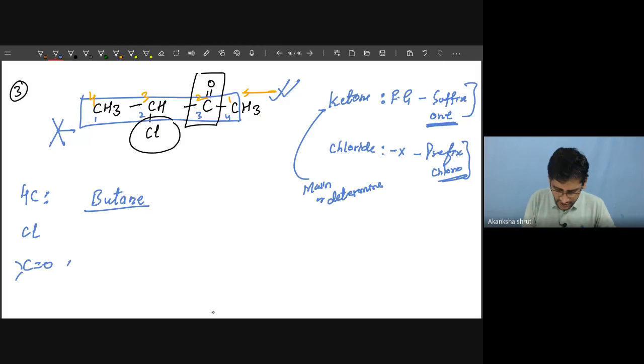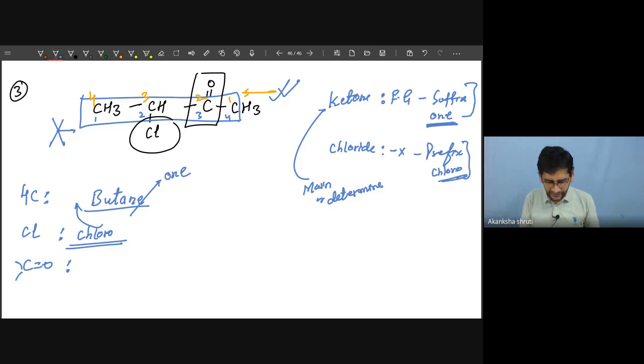So this ketone tells us something to be added as the suffix. For that the E should be replaced by ONE, and the chlorine tells that chloro should be added as prefix, but the position of this prefix needs to be specified. Even for this ketone, the carbon is coming in between, so that carbon position also needs to be specified.